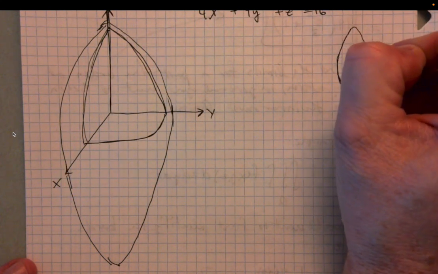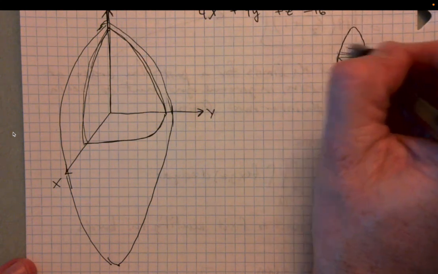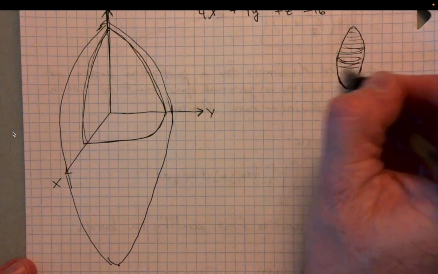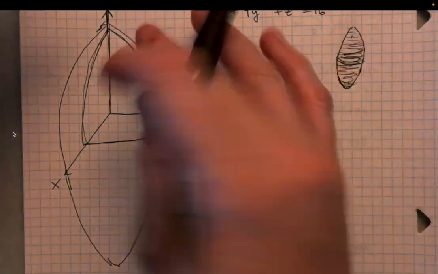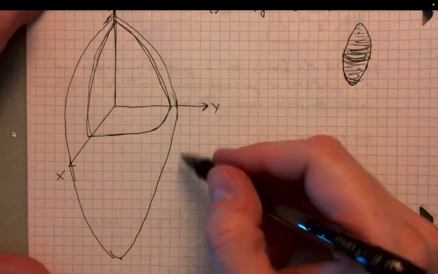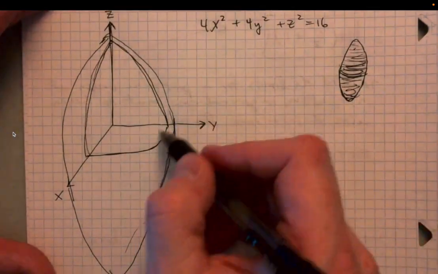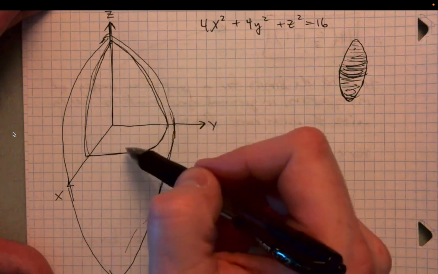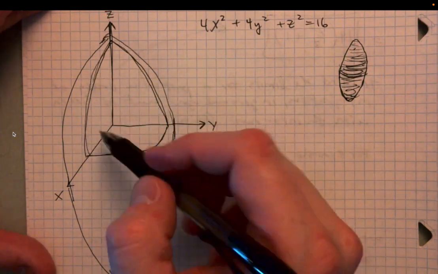It's a little more oblong than my drawing, kind of cylindrical here, and it doesn't bulge out like that. It's just bad drawing. But what I've done here is cut out one 1/8 section of it.